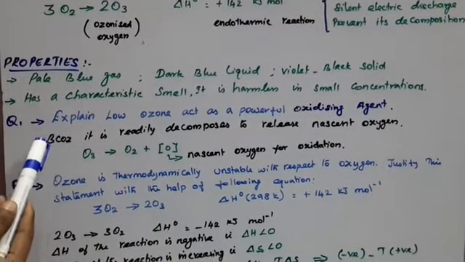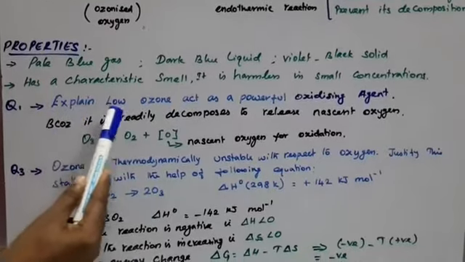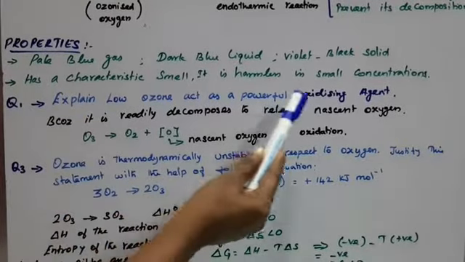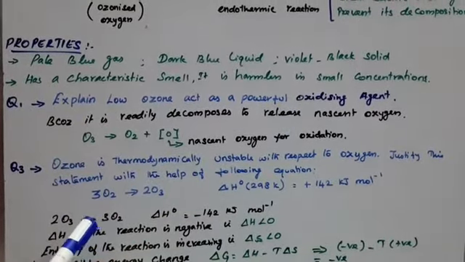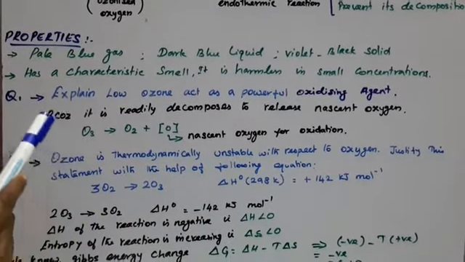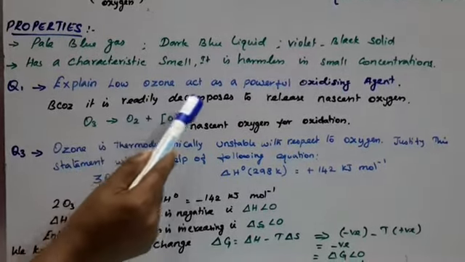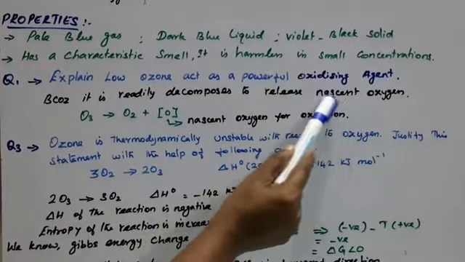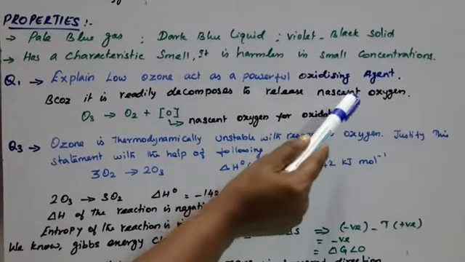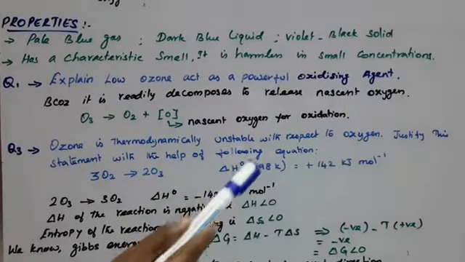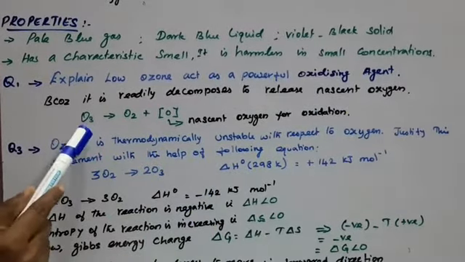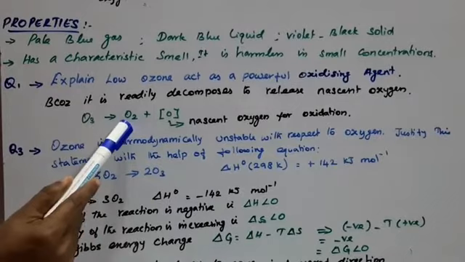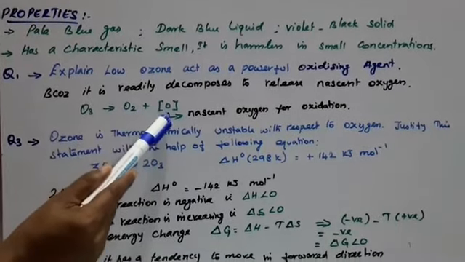In the question from properties: explain how ozone acts as a powerful oxidizing agent. Very, very important, because it readily decomposes to release nascent oxygen. Use these key points. Nascent oxygen means atomic oxygen. So O3 decomposes to produce O2, dioxygen, plus nascent oxygen.